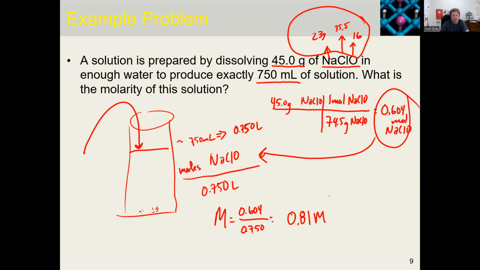So that means there's 0.81 moles in a liter. There's 0.6 moles in 3/4 of a liter, or 0.75 liters. Okay, so that's how we do that sort of problem. We have to convert our mass into number of moles and then divide by the volume of our solution in liters.